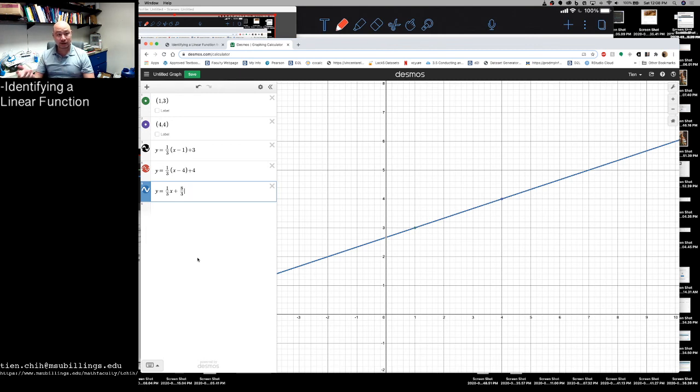The other way you could go, if you have 2 points, is you use the 2 points to identify the slope by comparing the change in the y values to the change in the x values, and then once you have that slope, we're once again in the first situation.